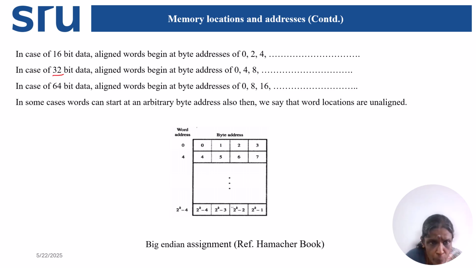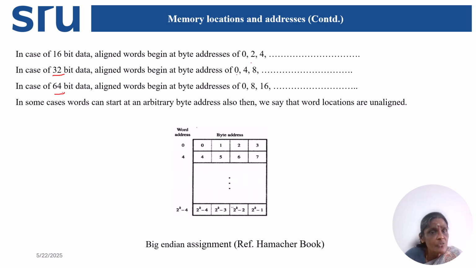In case of 32-bit words, aligned words begin at byte addresses 0, 4, 8. For 64 bits it is 0, 8. So the difference in the number of locations for storing one word is 8 here, 4 here, 2 here. The difference between two words will be different for 16-bit, 32-bit, 64-bit.